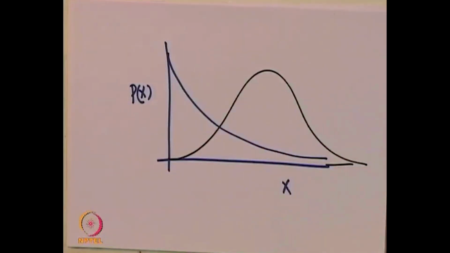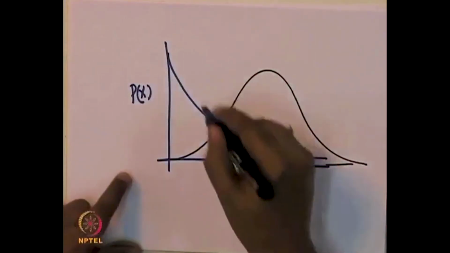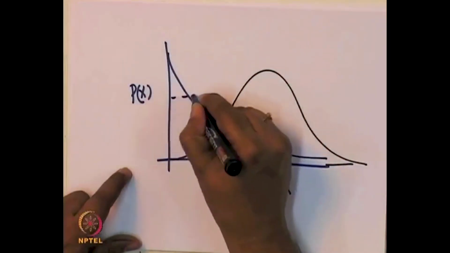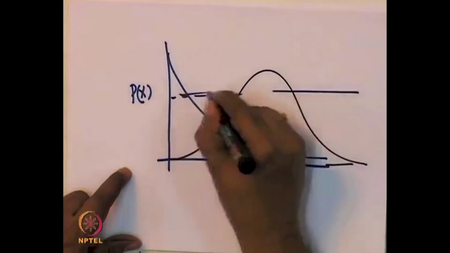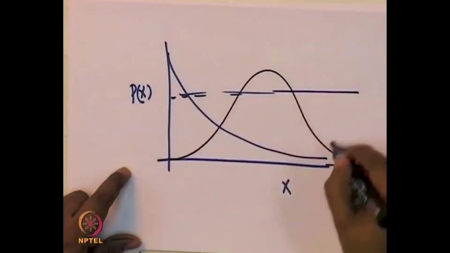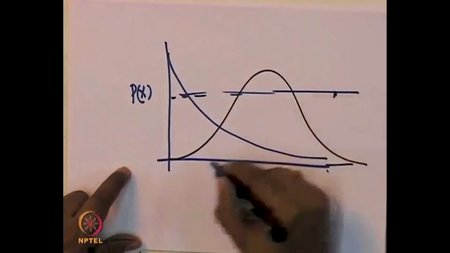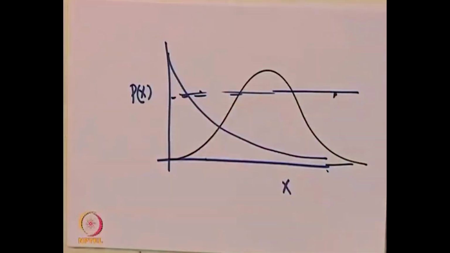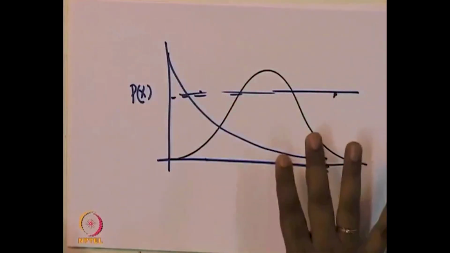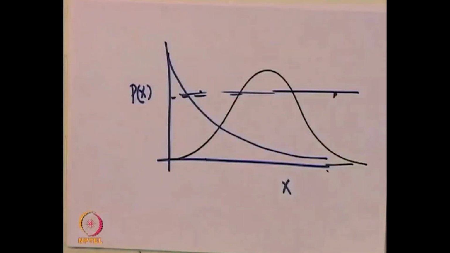What it means is that for any value of x, the p of x should be the same for all values of x. For this value the probability is same, for this value the probability is same. So, such distributions are called uniform distribution. We will come to this picture later, but let us look at some examples to begin with.